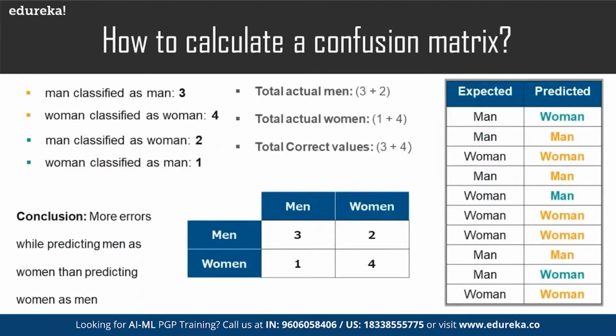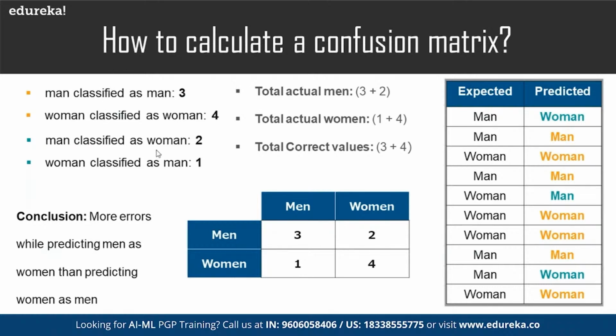Moving ahead, how we go about calculating it is again mathematical. We use true positive, false positive, true negative and false negative, and this is how we get the errors here. As per this example, whenever a man is classified as a man, the value is 3, which is just a value we are giving for the sake of example.